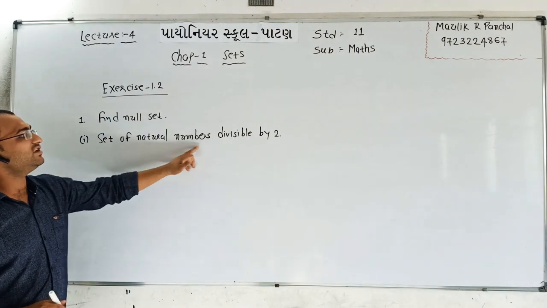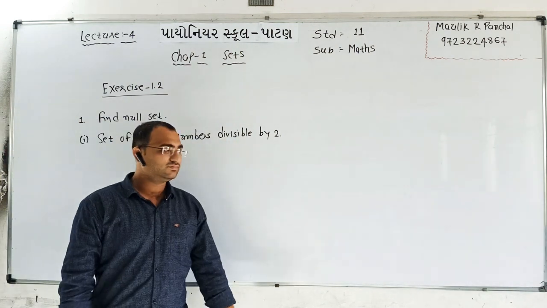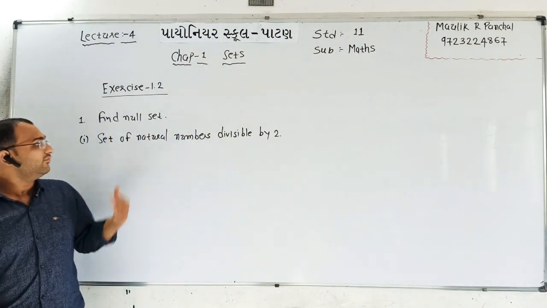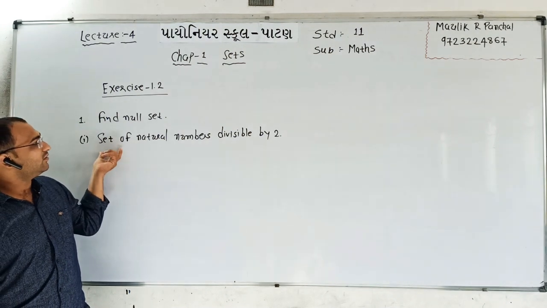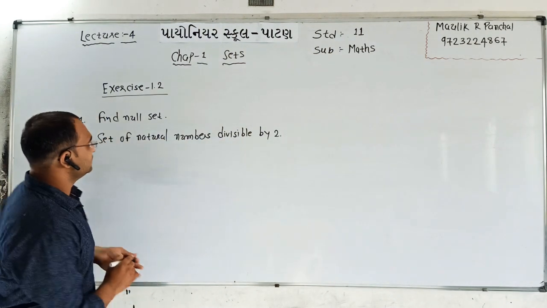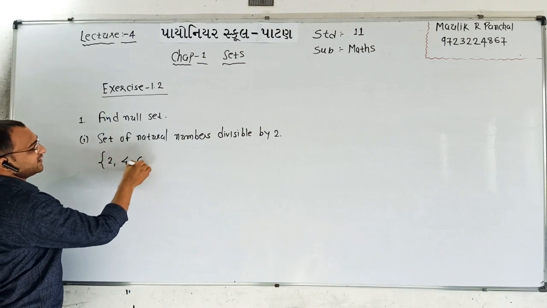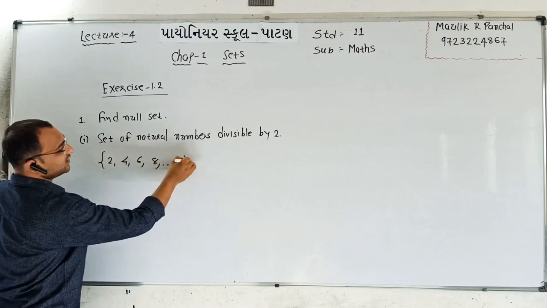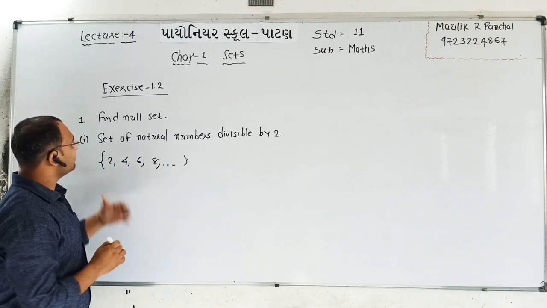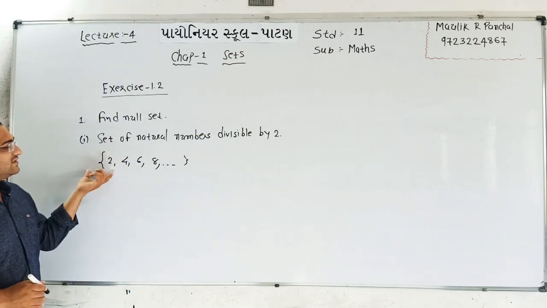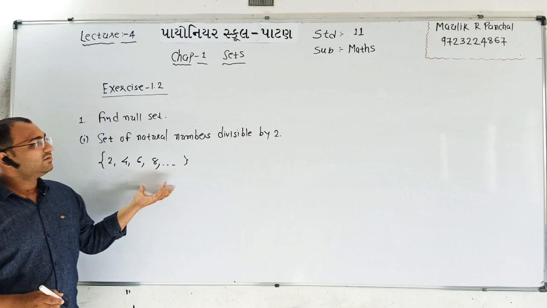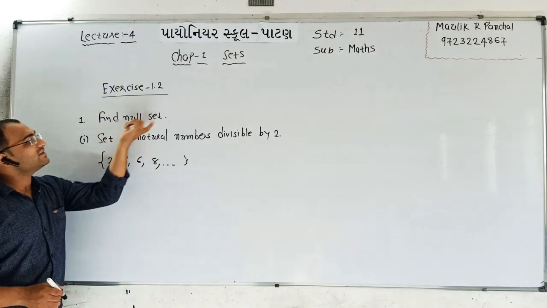Set of natural numbers divisible by 2. Natural numbers which are divisible by 2: 2, 4, 6, 8 up to infinity. That means this is an infinite set.